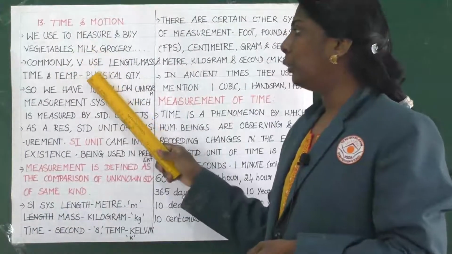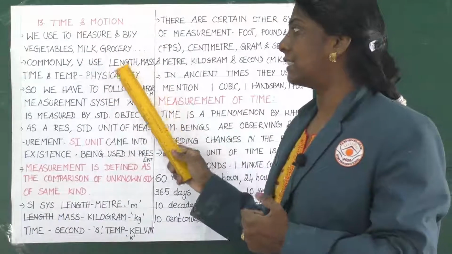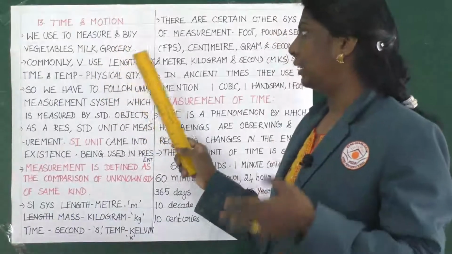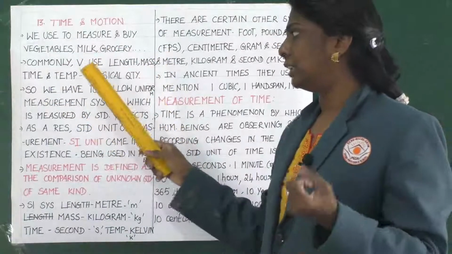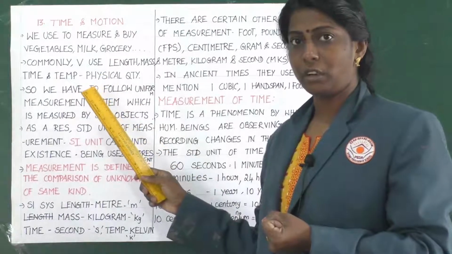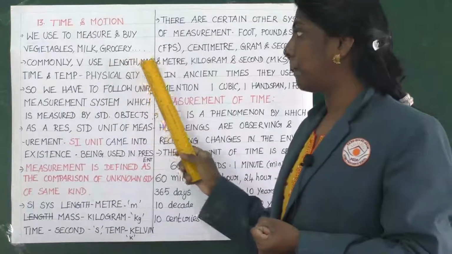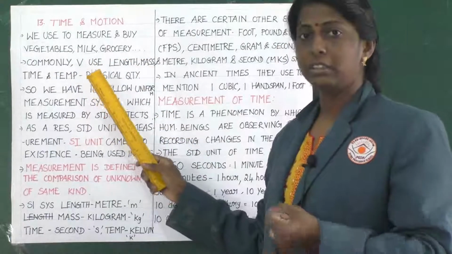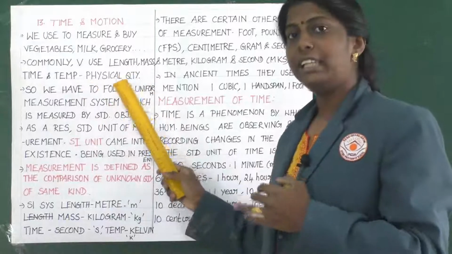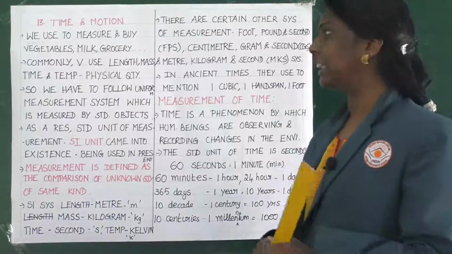To measure all these things, we use length, mass, time, temperature. Those measuring quantities, length, mass, time, temperature, are said to be physical quantities.